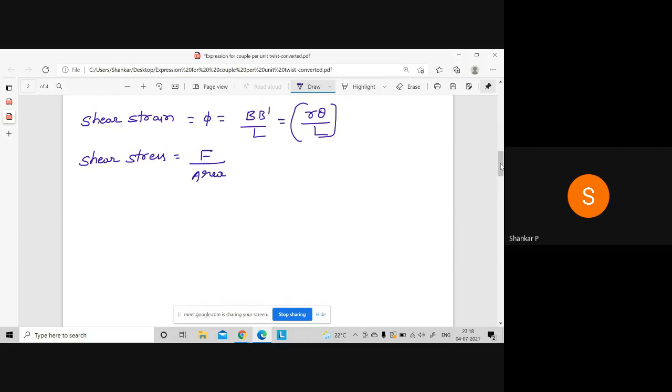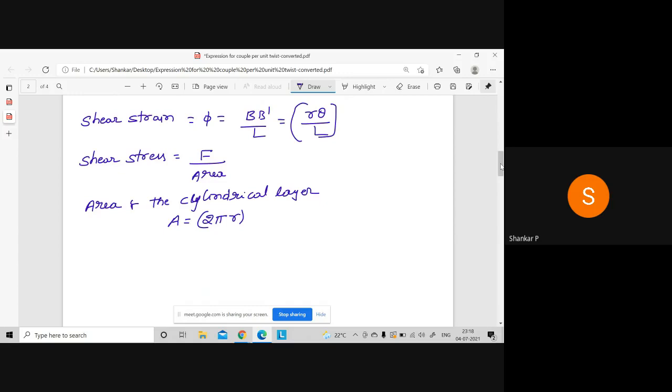So here the area is nothing but the area of the cylindrical layer that we have considered, which is nothing but 2 pi r, that is the circumference of the circle, into the thickness of the cylindrical layer.